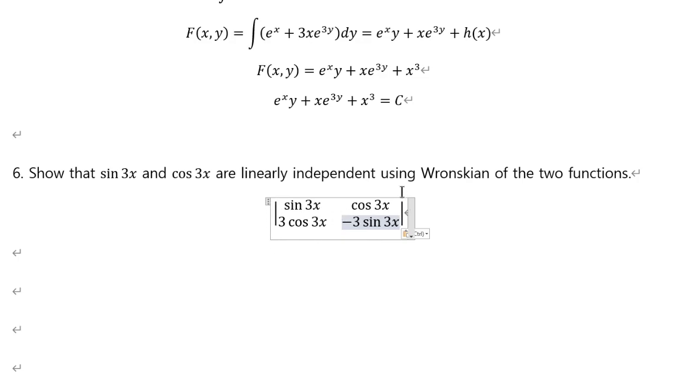Now, these straight lines mean you have to calculate the determinant, which is computed by doing a times d minus b times c.